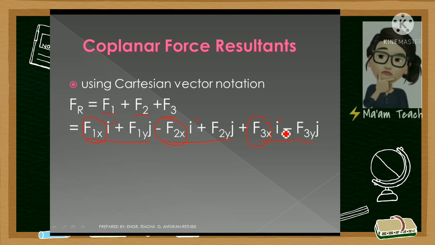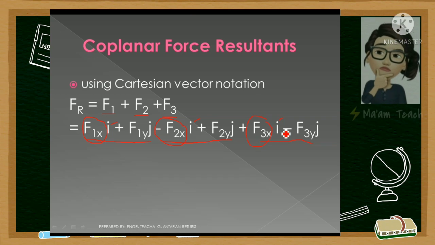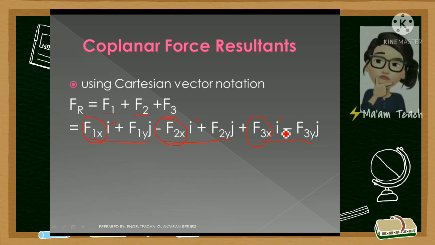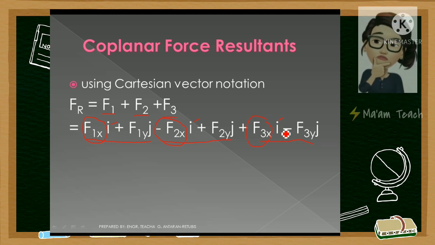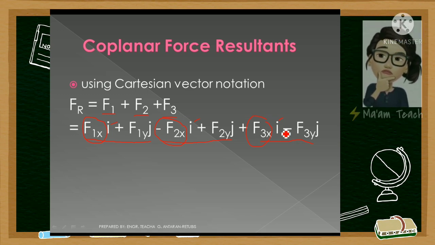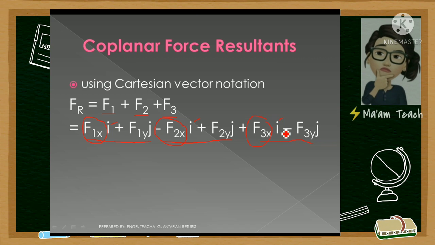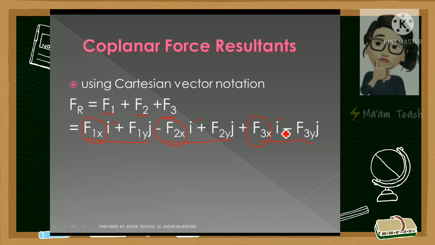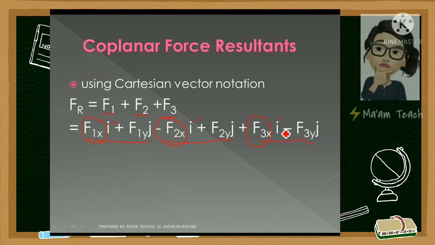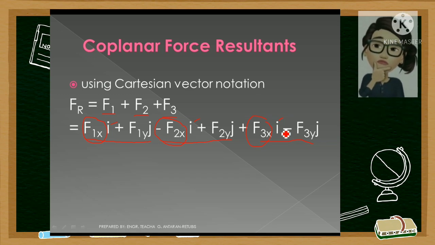Just like, for example, class, 3x plus 2x plus 5x. You can add them, right? Because they are all x terms. You cannot add x plus y, because they are different terms. So you can only add those that have the same i, or the same direction.